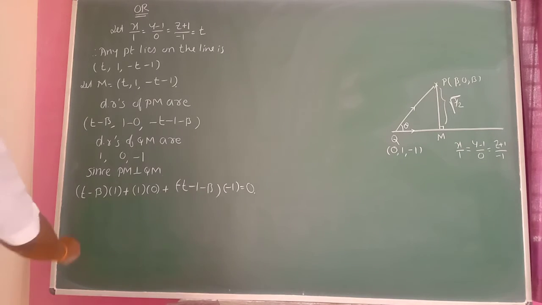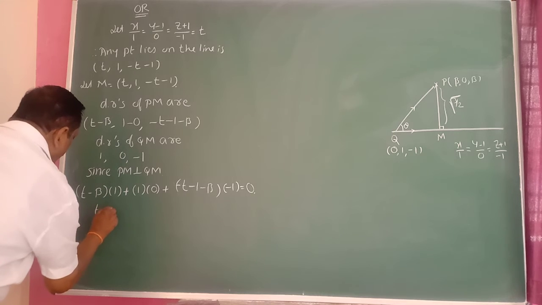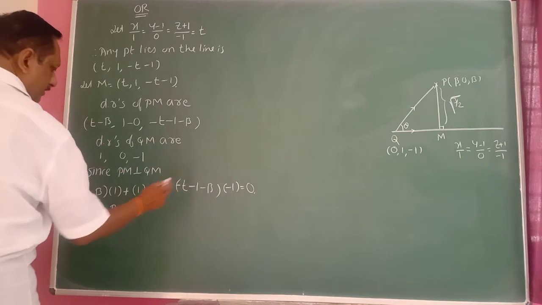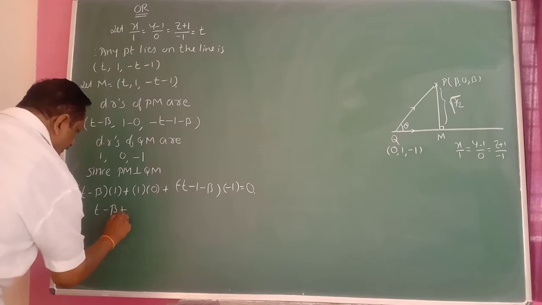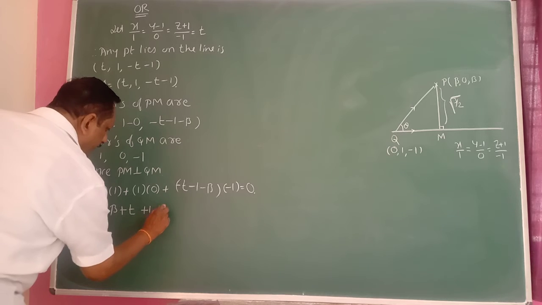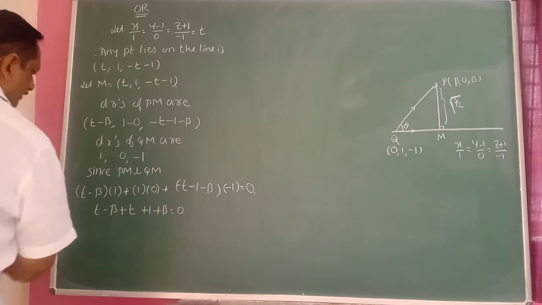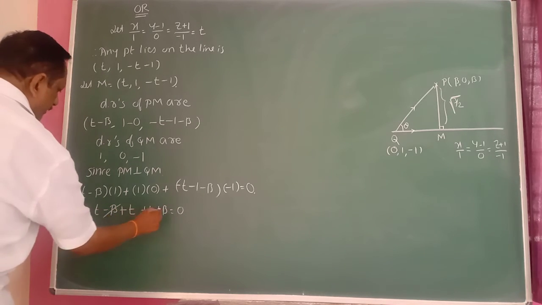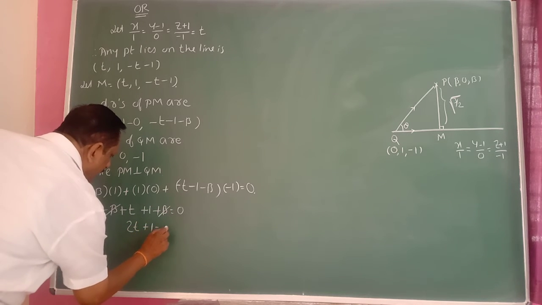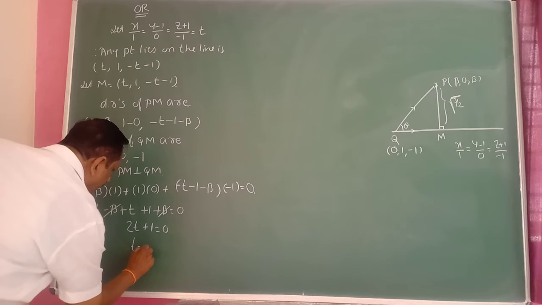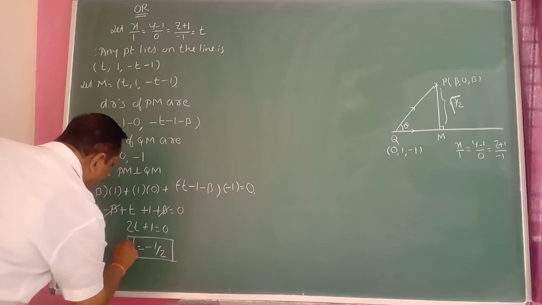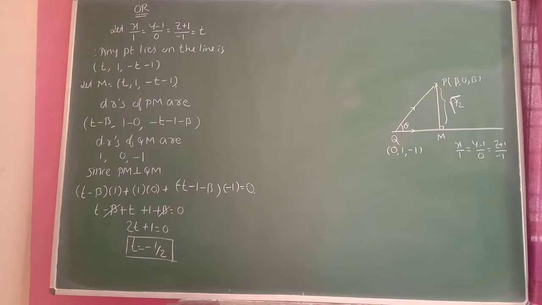Hence t minus beta, and multiplying each term by minus 1, it becomes plus t plus 1 plus beta is equal to 0. Then the minus beta and plus beta cancel. 2t plus 1 is equal to 0. Hence t is equal to minus 1 divided by 2.